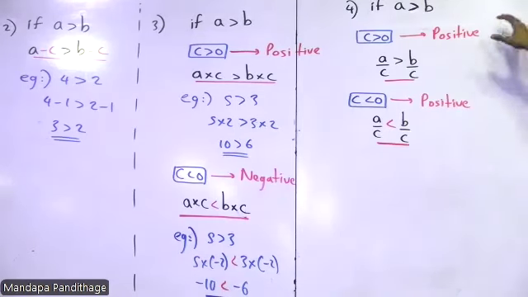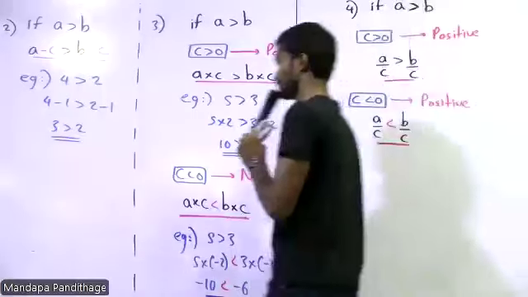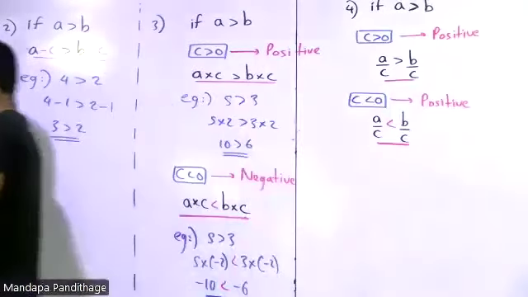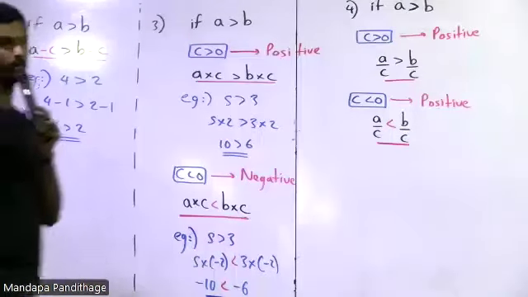Okay, write rule number 4. Both sides of an inequality can be divided by the same number.